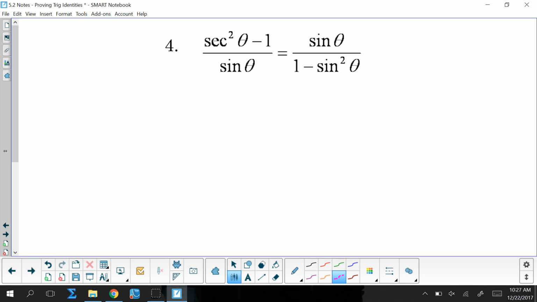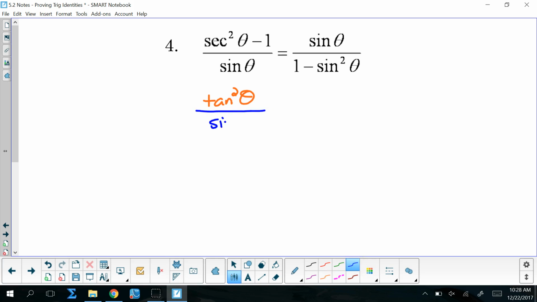What do you want to do first? Secant squared minus 1 is tangent squared, yes. Okay, so this is really tangent squared of theta divided by sine of theta. Right?